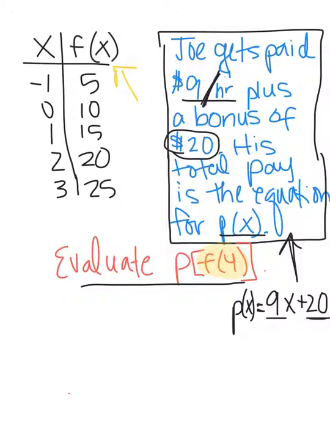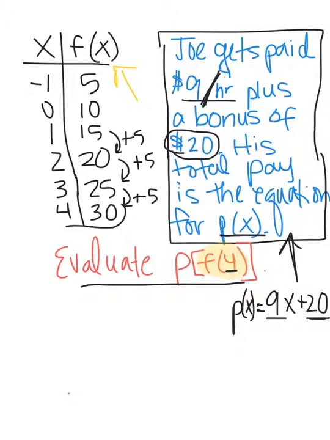It's not on the chart, but I know if I keep going, the x's increase by 1, and the y's look like they're all increasing by 5. So if I add another 5, my output here will be 30. So I know when I plug 4 into my function for f, I'm going to get 30 as an output. So now I know that f of 4 is 30.